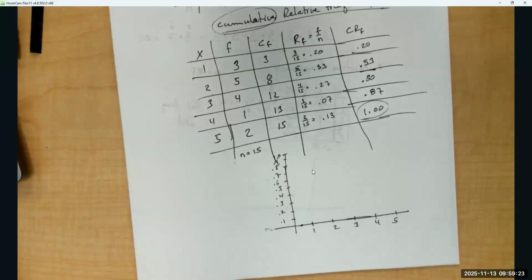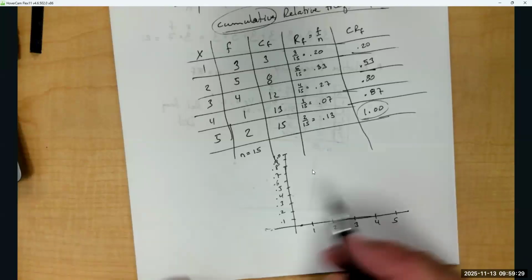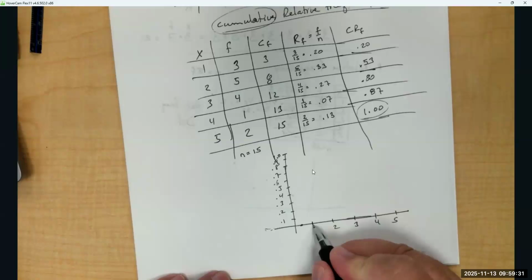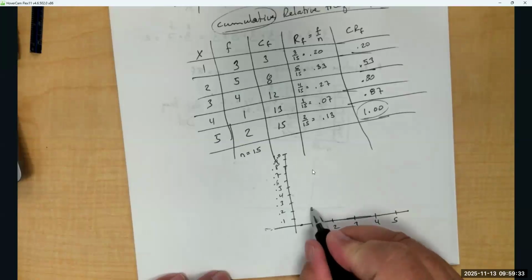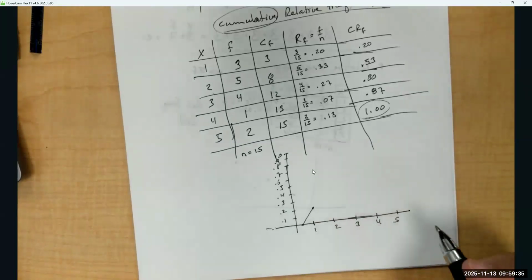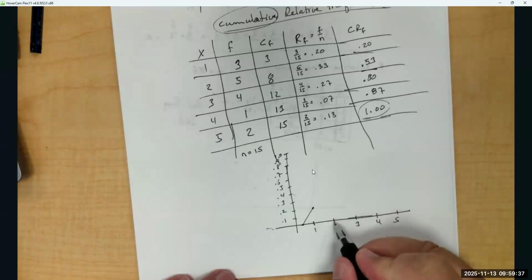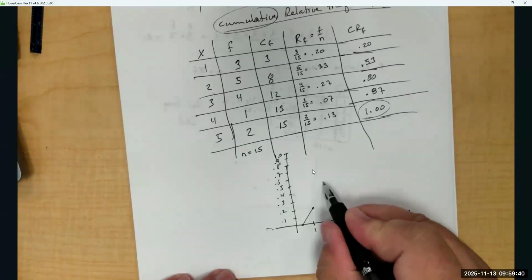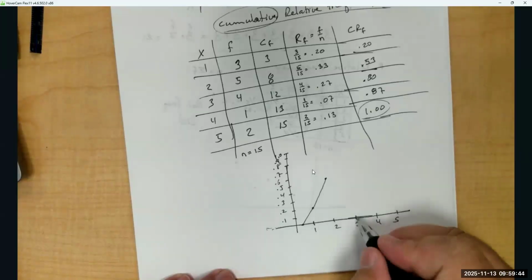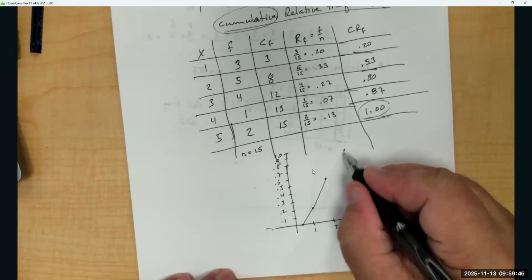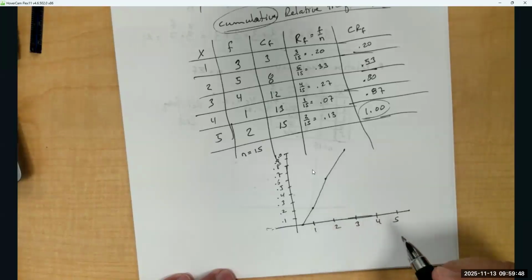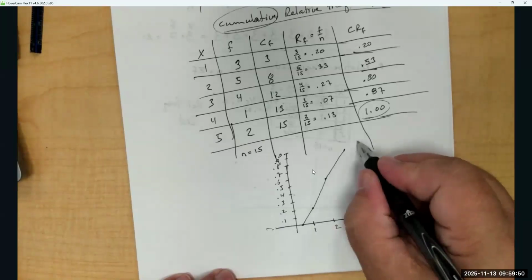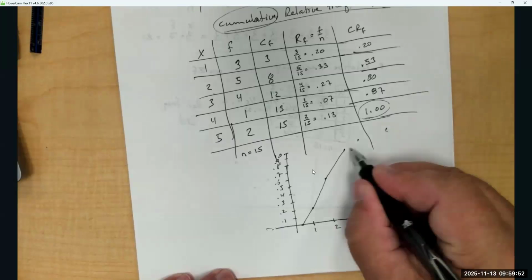It's a running total, so it's going to be an increasing graph. At the first one, we have 0.2. So we have that connection. At 2, we have 0.3. So that's up here. It's increasing. Then we have 0.8. It grows even more. Then 0.87. Then 1.0.